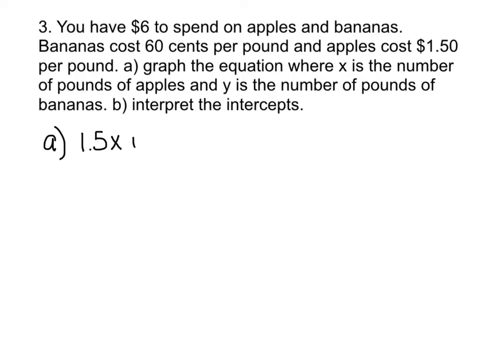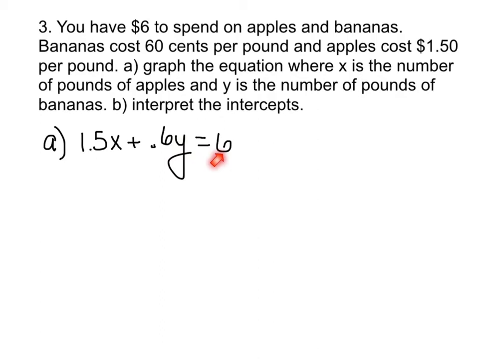Y is bananas, so plus 60 cents, so that'd be 0.60 or 0.6y equals a total of what? $6. That's it. What this says is $1.50 per pound of apples plus 60 cents per pound of bananas equals a total of $6. So now we need to graph using intercepts.